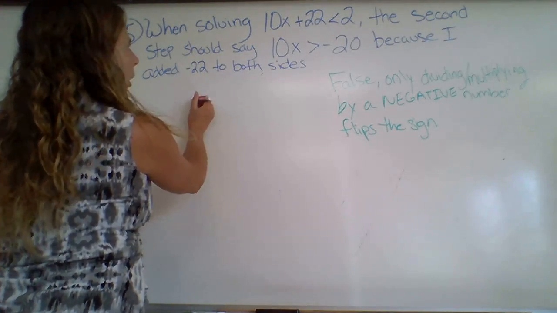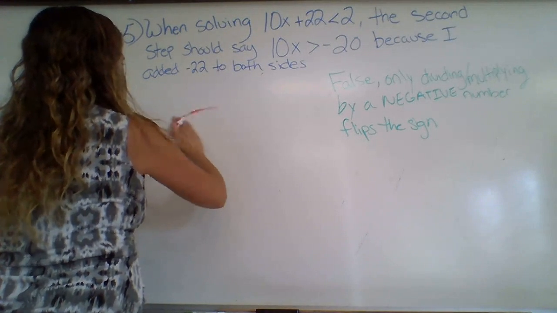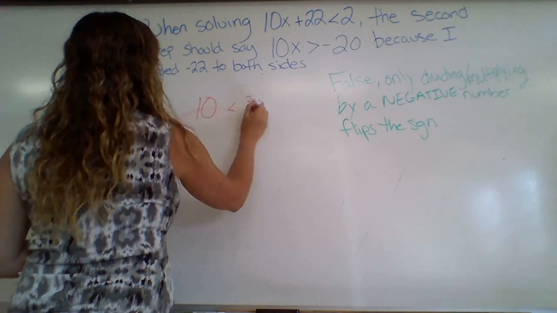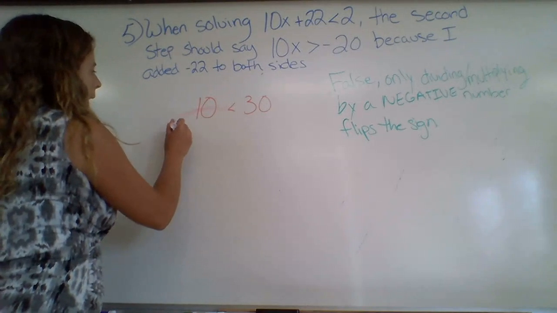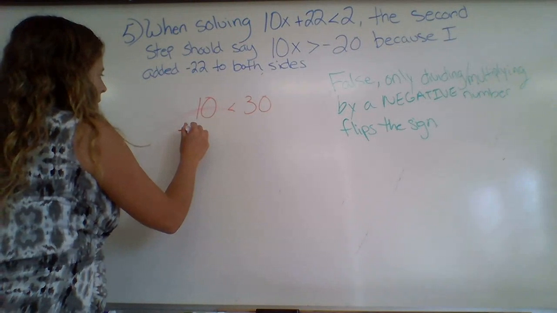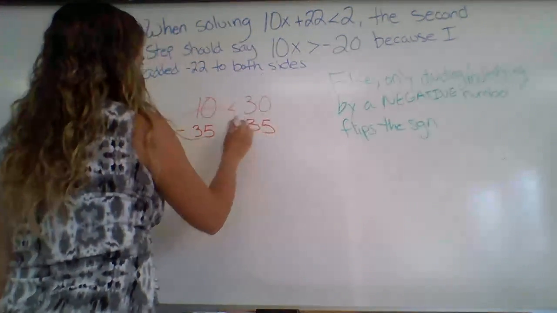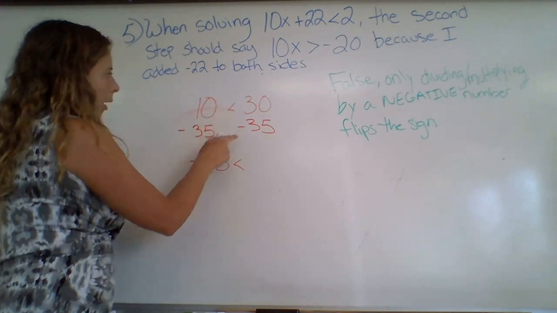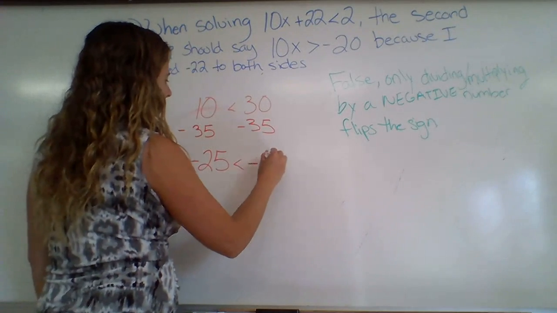If I had 10 is less than 30, that's a true statement, and I subtract the same amount on both sides, we'll make it go negative, I'll subtract 35 from both sides. 10 minus 35 is negative 25. 30 minus 35 is negative 5.